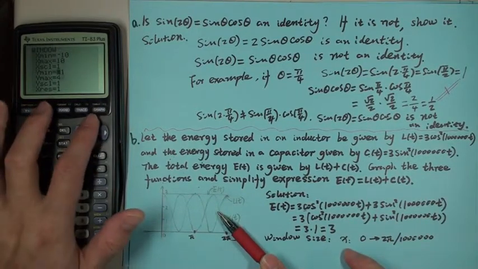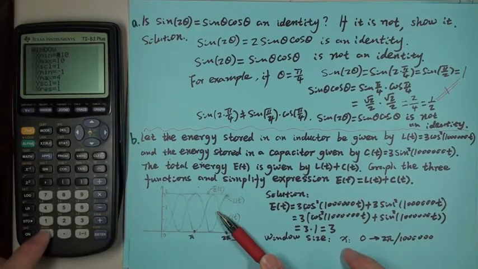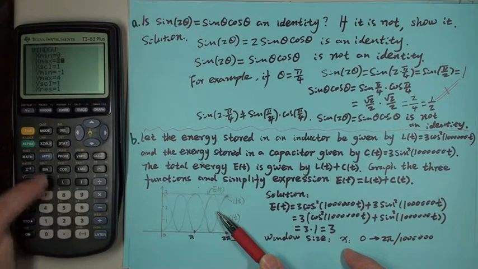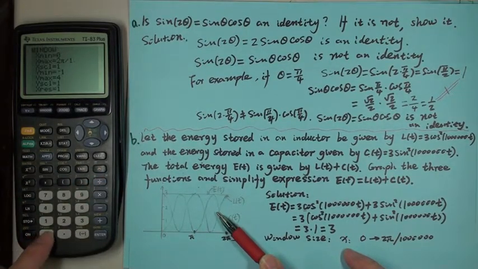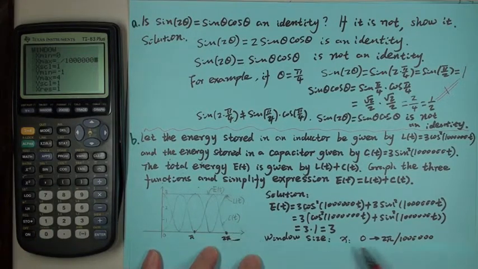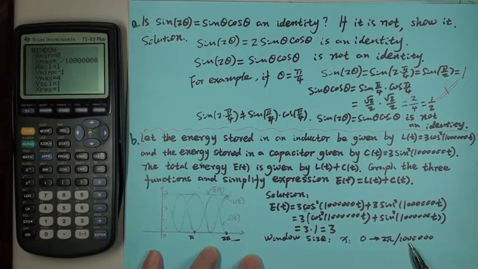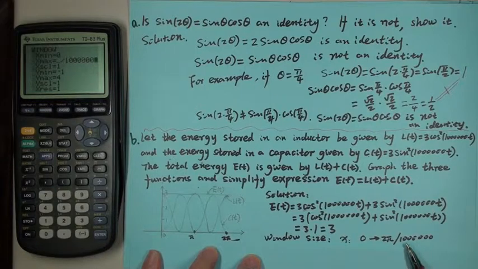Horizontally, you may set up here starting from 0, and then you do 2 pi divided by 1 million. I said previously that the period may be this one, but actually it's smaller than that.